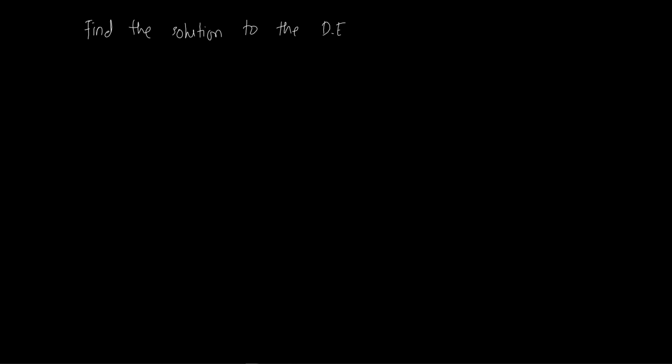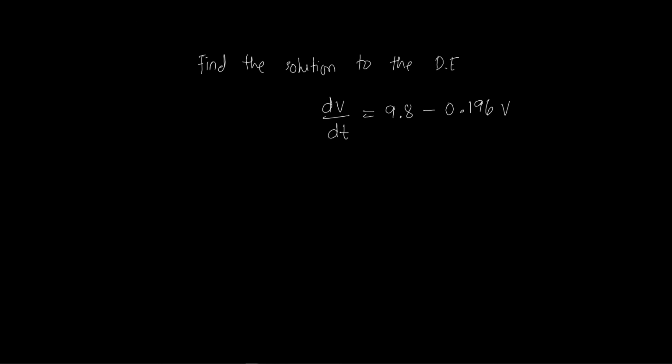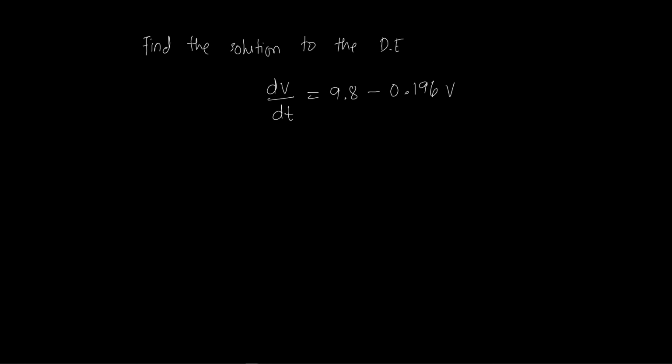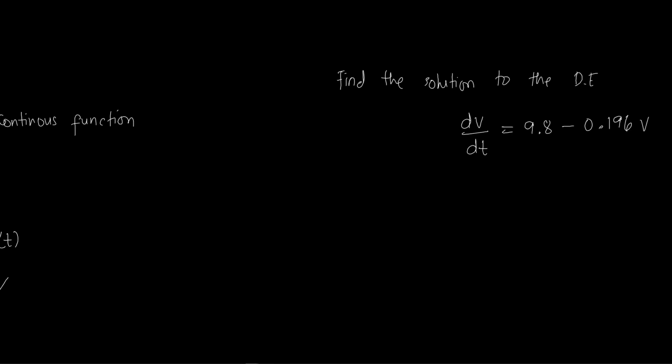Okay, given is dV over dt is equal to, let's say, 9.8 minus 0.196 V. Okay, unsa ang first step? Dapat formahon og ing-ani. Ibalhin na to si 0.196, no? Okay, para maporma siya og ing-ani.